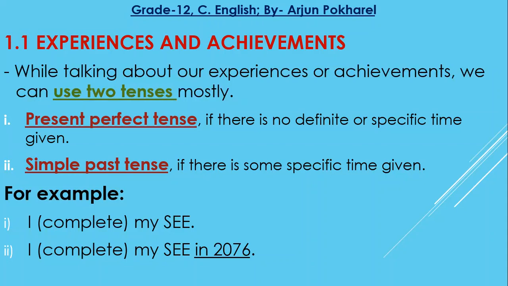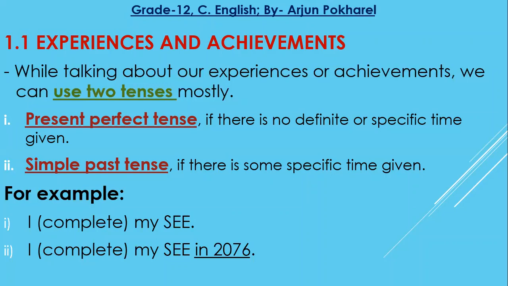Why? Because there is no definite or specific time given about our achievement. Completing my SEE is our achievement, so to describe this achievement we have to use present perfect tense.